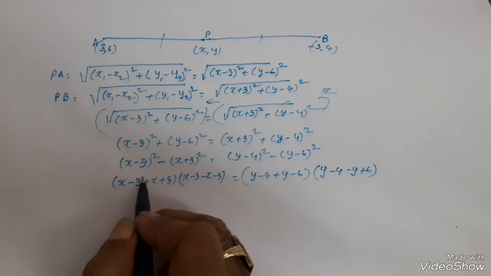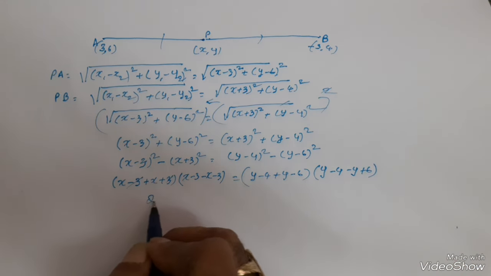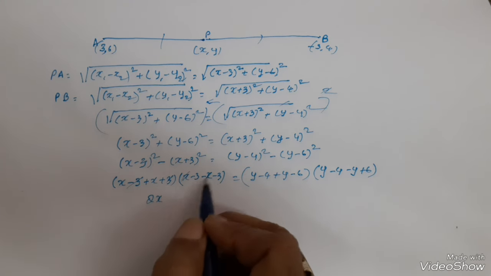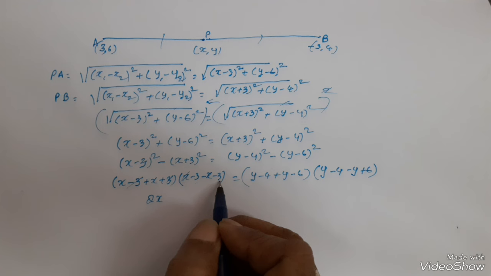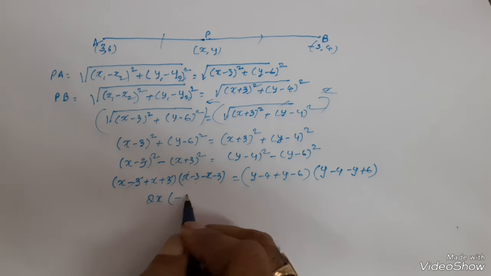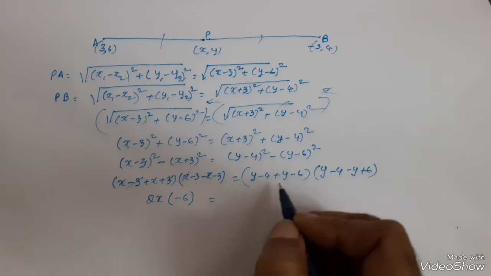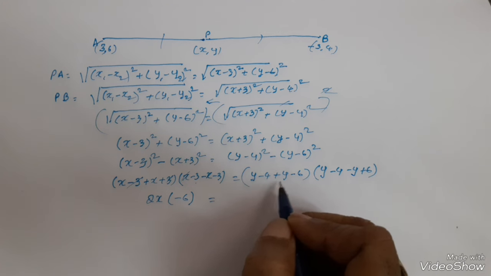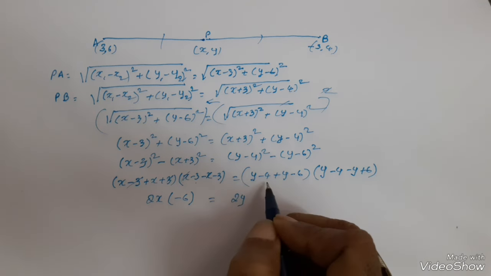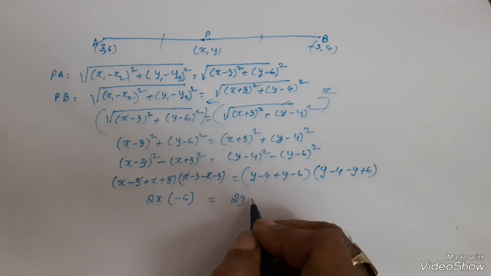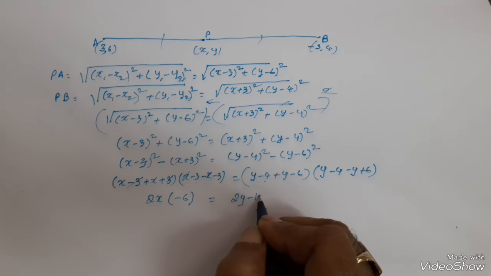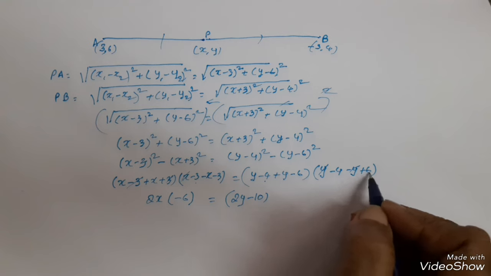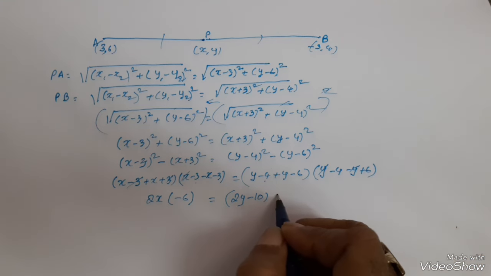Then these terms cancel, and this side we get 2x plus x minus minus 3, minus 3, minus 6. This side, 2y minus 4 minus 6, minus 10 into plus 5, minus 5 cancels, 6 minus 4 is 2.